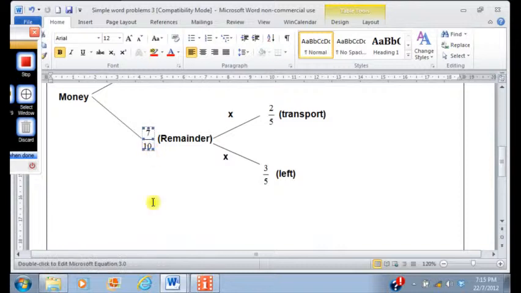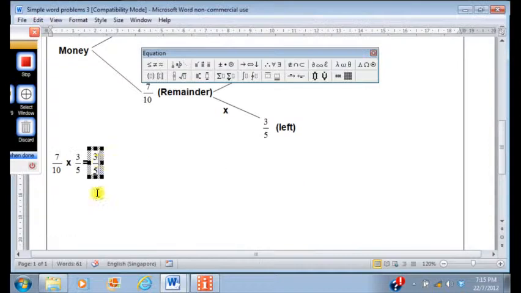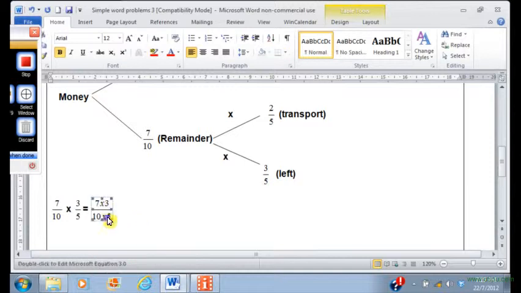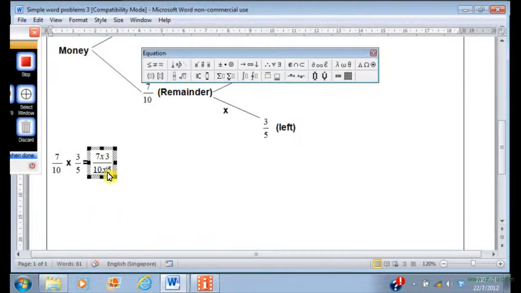So I'm going to multiply these two. This gives 7 times 3 over 10 times 5.